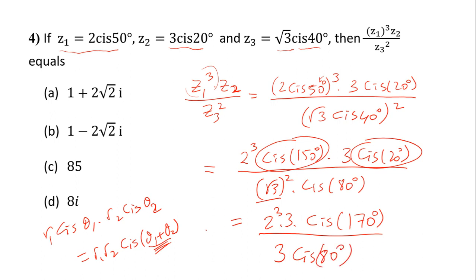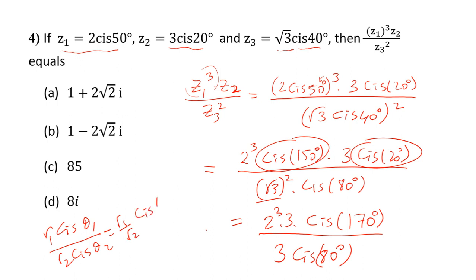Now we have another rule for the division of complex numbers in polar form, which says R1 CIS theta 1 divided by R2 CIS theta 2 is R1 over R2 CIS theta 1 minus theta 2. So I will use this one here. So 3 cancels out here. It will be 2 cubed times CIS 170 minus 80, so it will be 90 degrees.